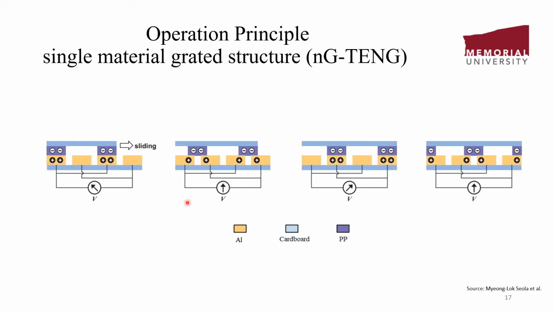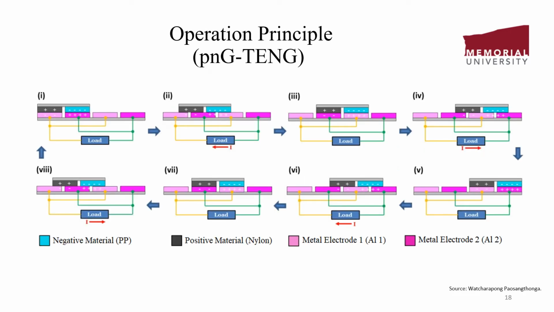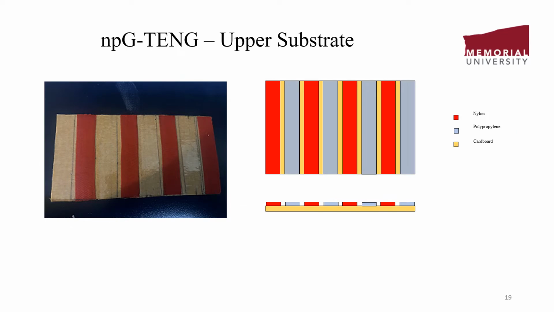So this is the principle of operation of the single material grating structure. This has been elaborated in the report. This is the operation principle of the positive and negative 2 material grating structure.